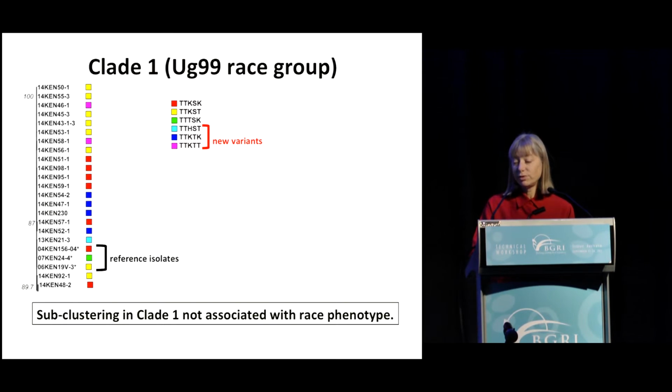So the 3 new variants are shown by the 3 bottom colors on the key. And the important part of this focus on Clade 1 is that there is subclustering within the Clade 1, and it is not associated with race phenotype. So there are genetic differences within a race as well as between races.